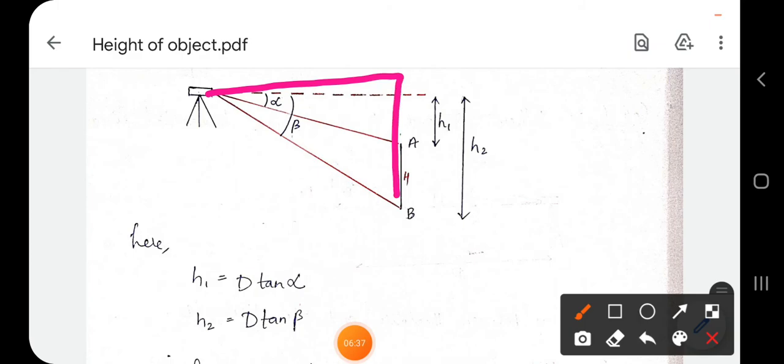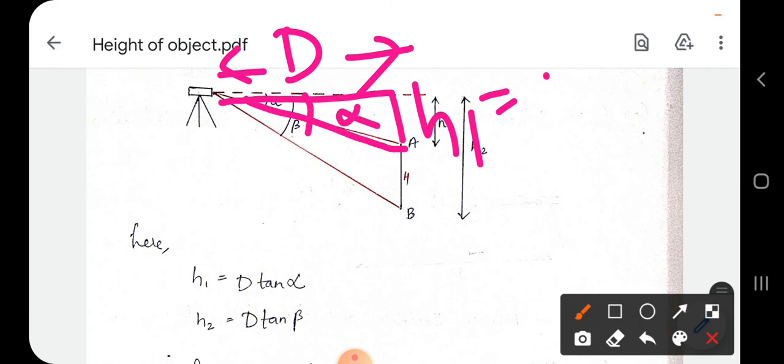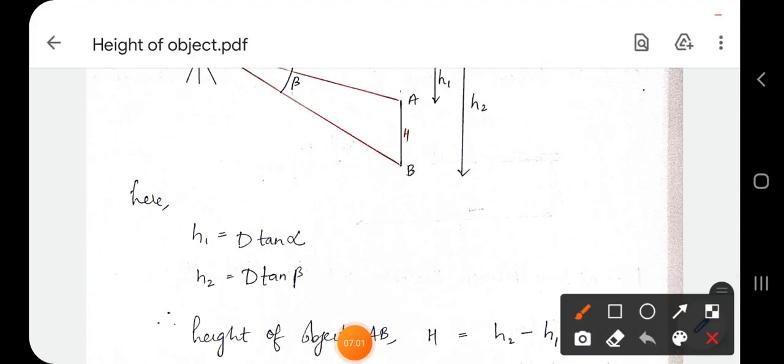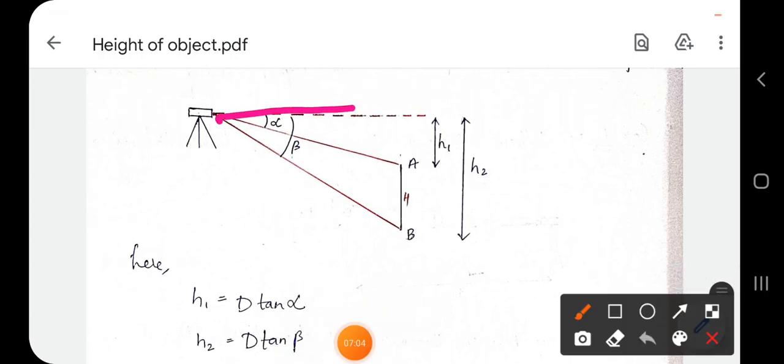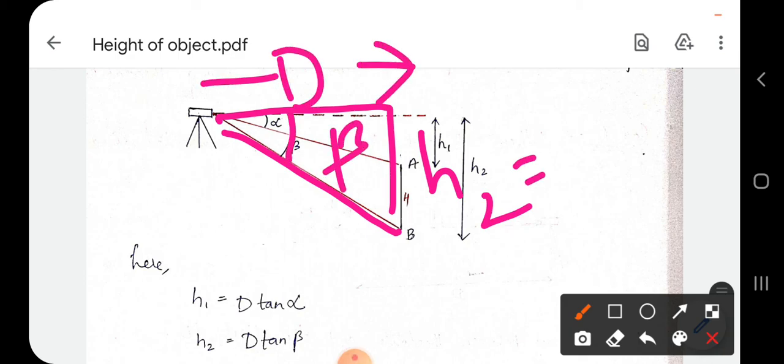h1, considering this triangle, is equal to d tan alpha, and h2 is equal to d tan beta.